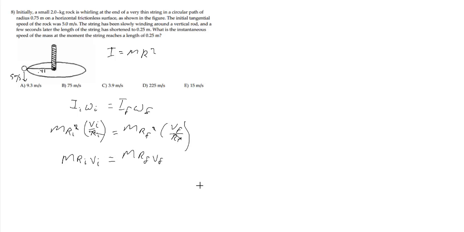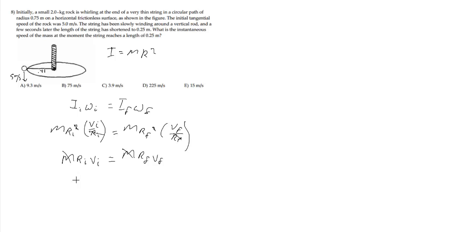And what we are solving for is the speed of the mass at the moment the string reaches the length 0.25 meters. So we're looking for V final. So I'm just going to cancel out m's because the mass doesn't change, and divide both sides by R final.